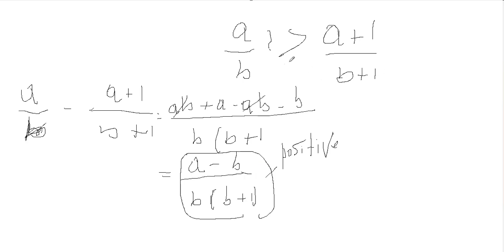So I can have a generalization now. I can say A over B is always greater than A plus 1 over B plus 1 when A is greater than B. That's my generalization.